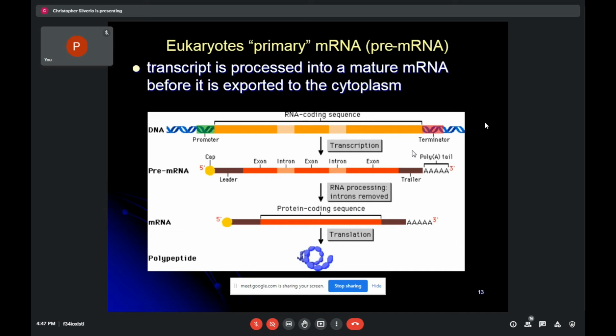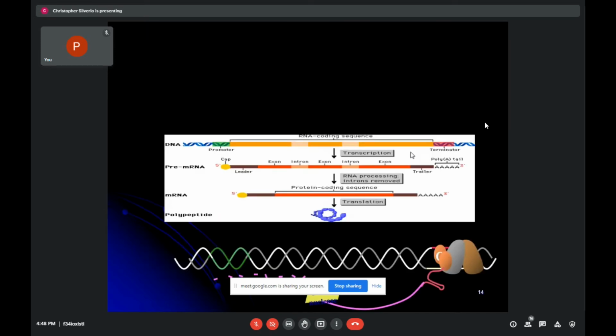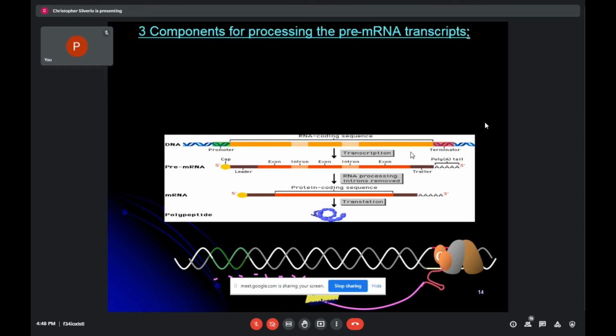Understand, class, that translation of the messenger RNA occurs in the cytoplasm. The components for processing the pre-mRNA include the 5' cap, the RNA 7-methyl guanosine cap.